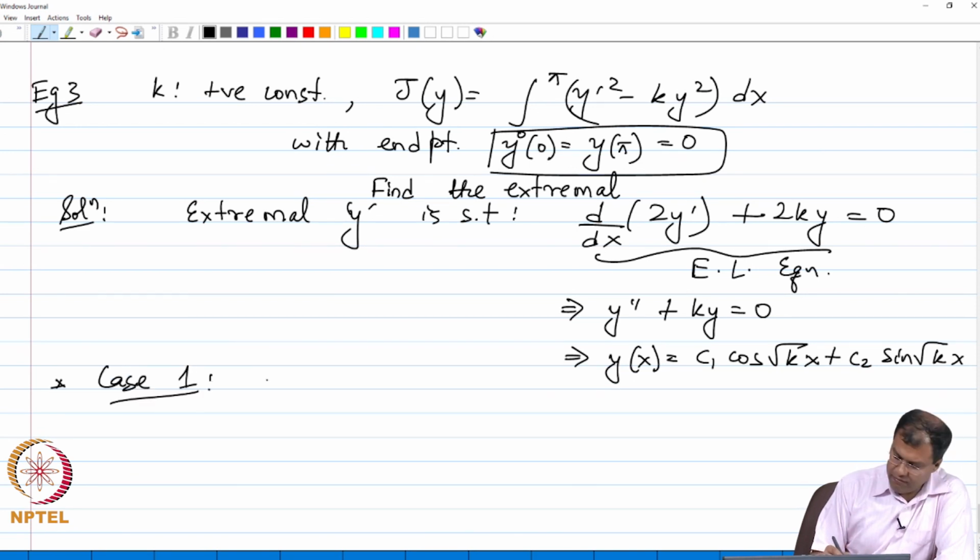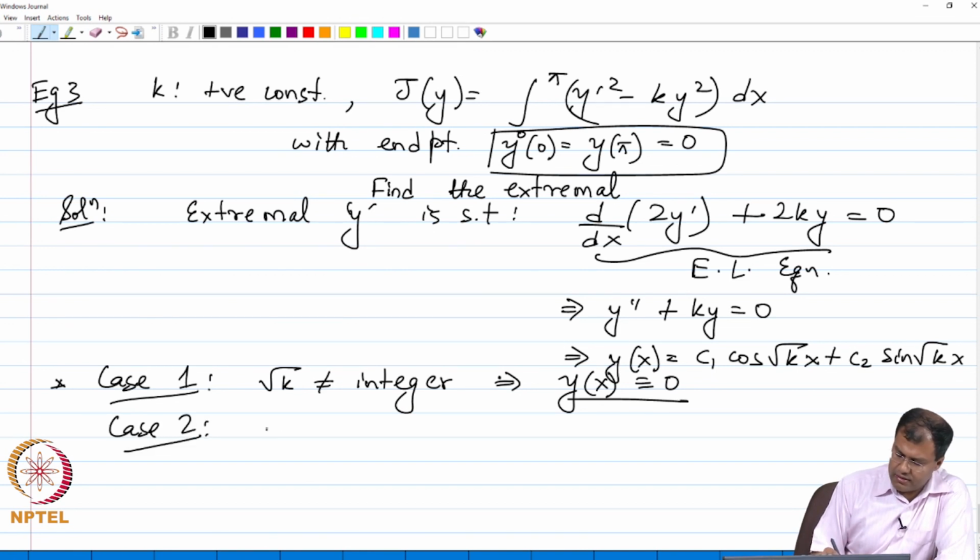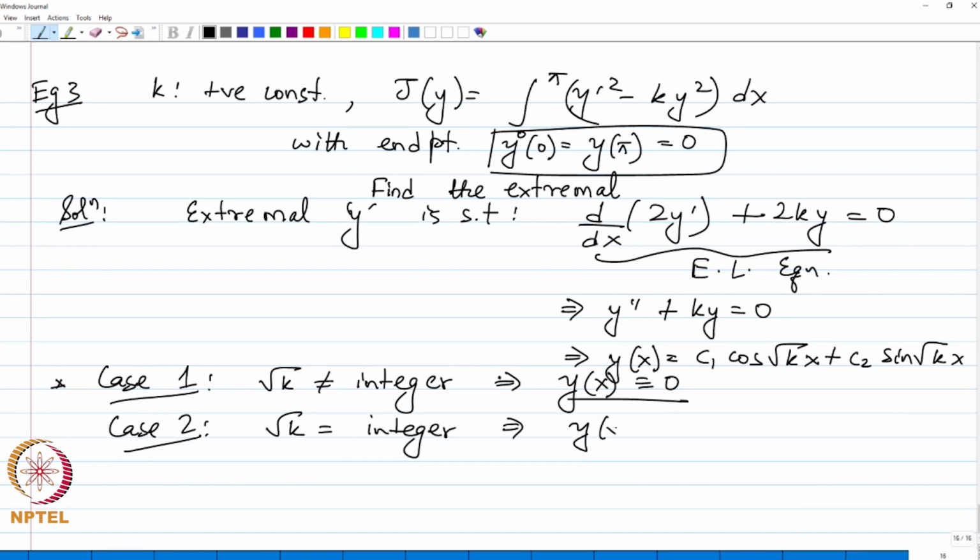Suppose the square root of k is not an integer, my boundary condition will lead to only one solution, y of x identically 0. Students can check that this is the only solution satisfying the boundary conditions here. The second case is that if the square root of k is an integer, then the solution that I get is y equals C2 sine of square root k x, right.